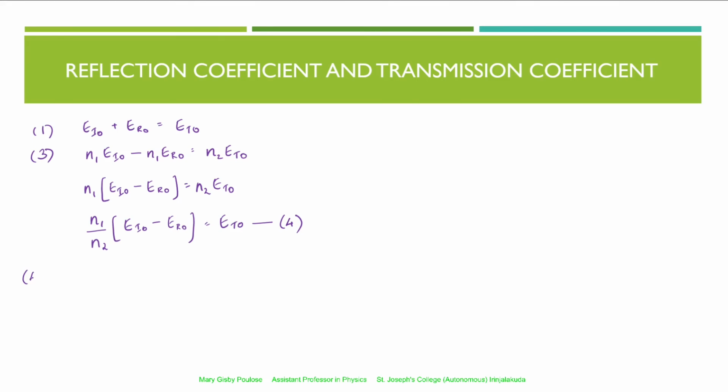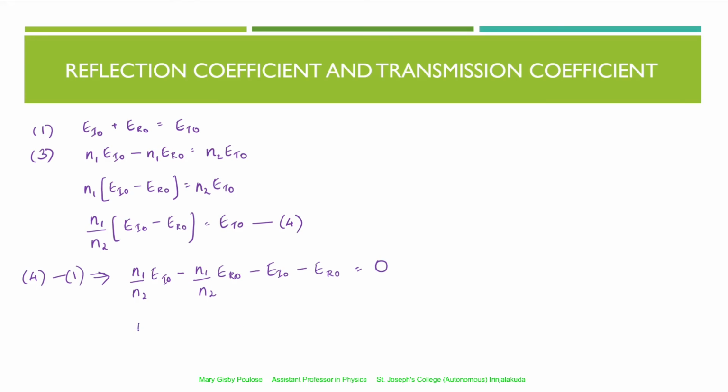Now the fourth equation minus first equation implies your right hand side to be 0. And on the left hand side you have n1 by n2 Ei naught minus n1 by n2 Er naught minus Ei naught minus Er naught is equal to 0.